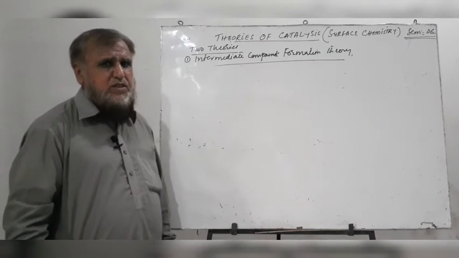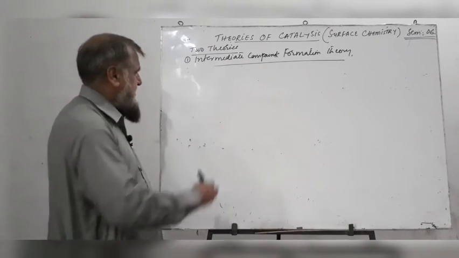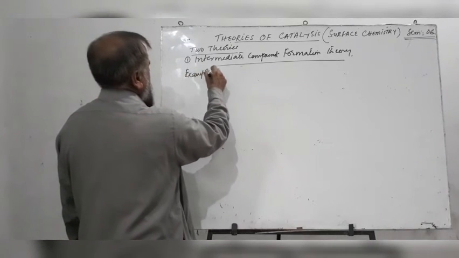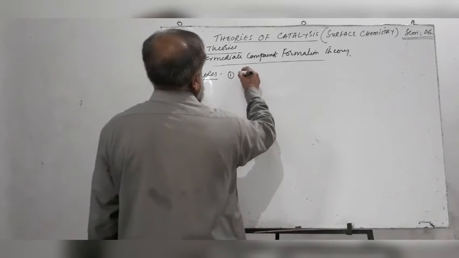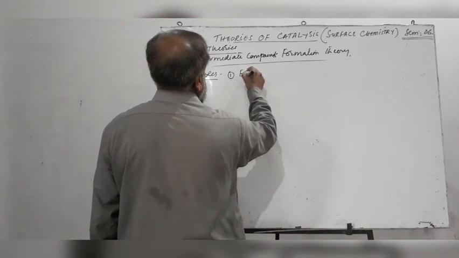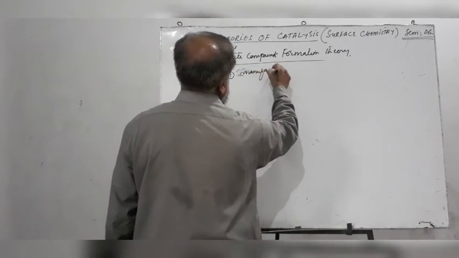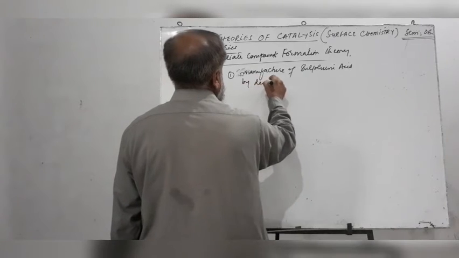Intermediate compound formation theory was originally proposed to explain homogeneous catalysis, and the examples are, the first example is the manufacture of sulfuric acid by lead chamber process.